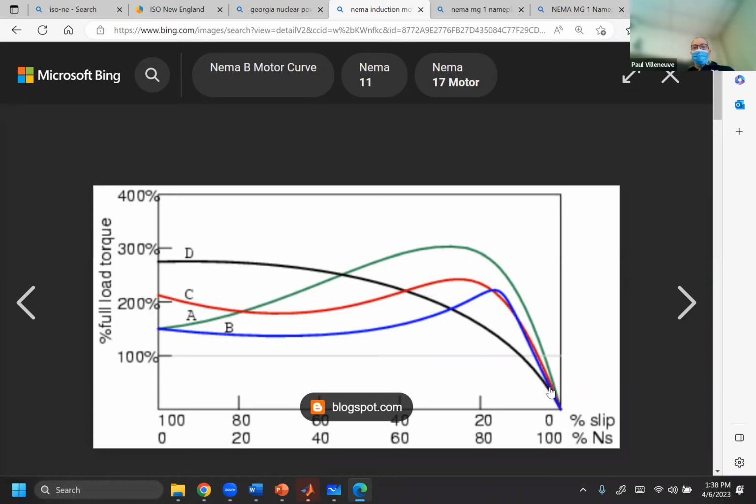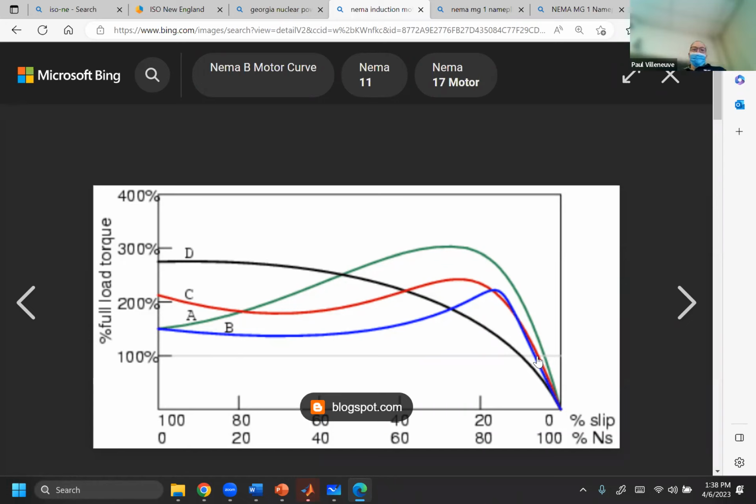And take a look at the NEMA design B. Remember how the closer we get to synchronous speed, the more efficient the motor is? Well, look at the NEMA design D. I can start that all day, but look at the losses I'm going to get if I get to 100%. And the losses are because I've got a fair amount of slip there. So I've got pretty big I squared R losses as compared to the NEMA design B, which, because it's operating closer to synchronous speed, is going to be a more efficient application.